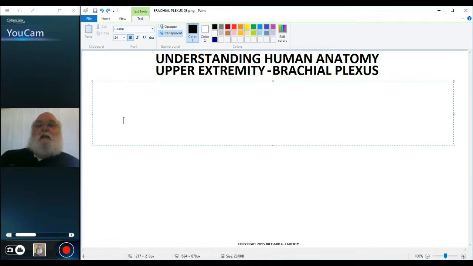Now, combining the rules we talked about with the muscles in the various compartments of the arm, forearm and hand, and the rules we have for innervation of the muscles in those compartments, one can simplify looking at clinical problems.